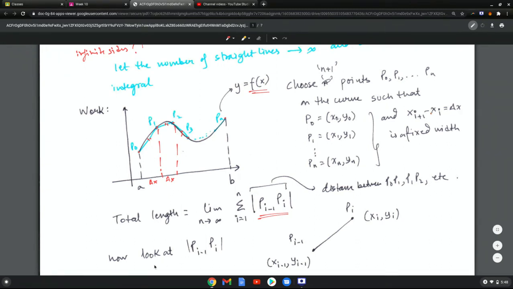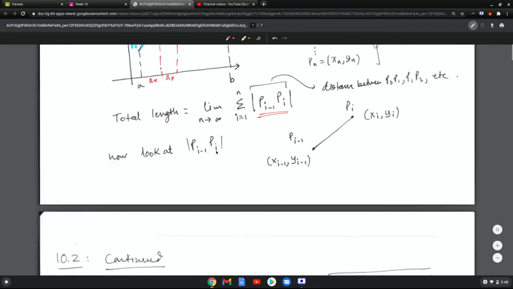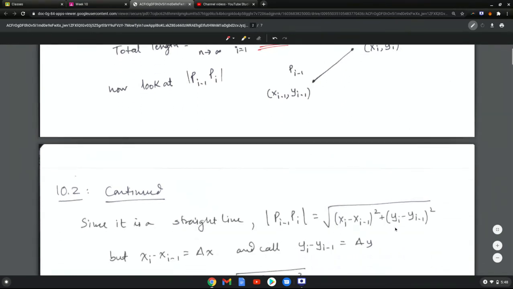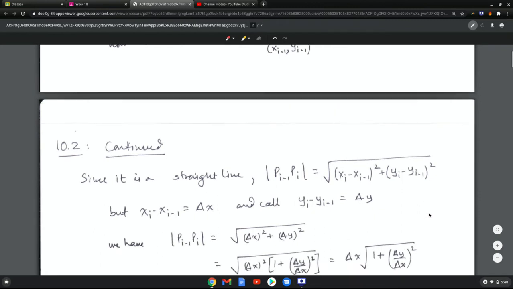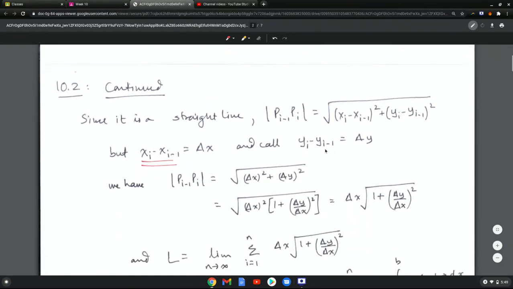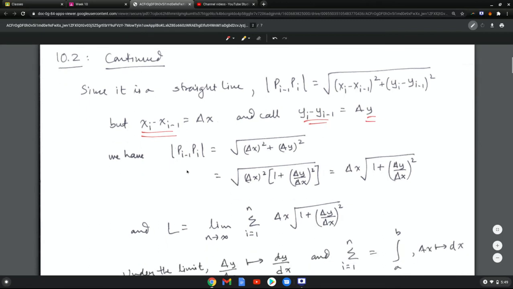So let's focus on P i minus 1, P i. What is that length? That's the length between these two points with the following coordinates. We already know how to find that distance, and that's given by the square root of this term. But what's x i minus x i minus 1? That's delta x. And let's call this delta y, which makes it delta x squared plus delta y squared.